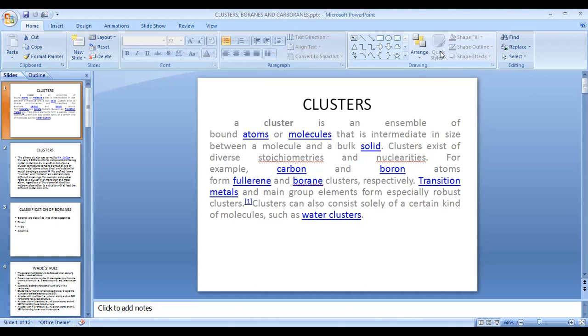Fullerene is nothing but an allotropic form of carbon, and likewise boranes are generally formed by the combination of boron and hydrogens respectively. The transition metals and main group elements form especially robust clusters. Robust means strongest clusters. A cluster can also consist solely of certain kinds of molecules, such as a water cluster. Okay, so this is about the cluster.